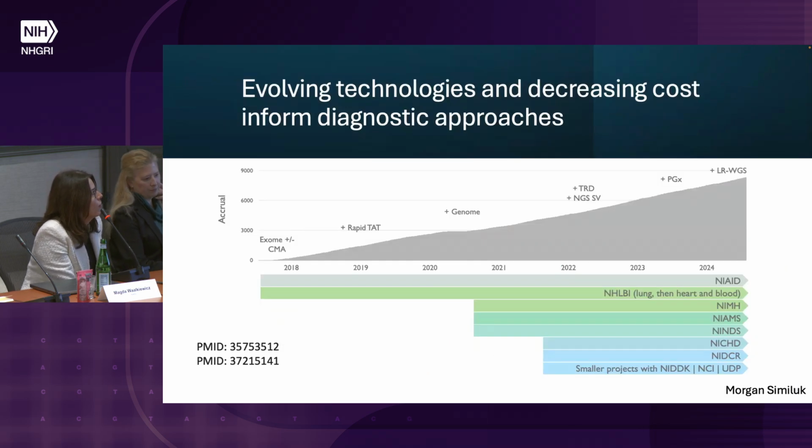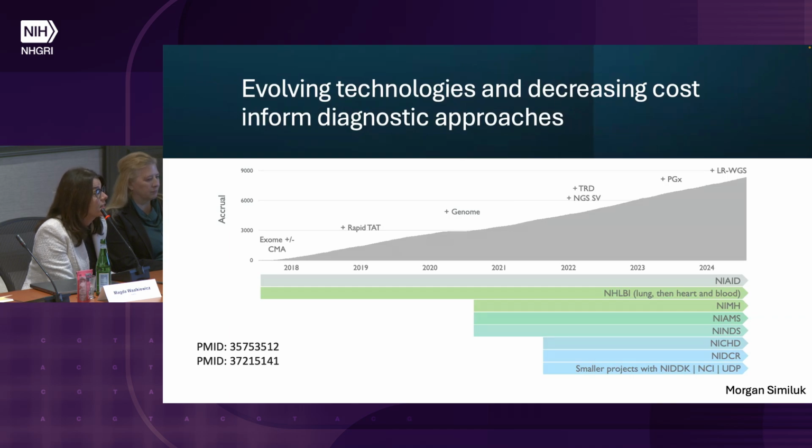There is a little bit of an overview of our history. We started in 2017, and initially, we offered exome and chromosomal microarray. We then introduced a rapid turnaround time for clinically sensitive cases. In 2020, we switched from exome to genome, and then as several algorithms for interrogating the data became available, we implemented them as well. Those allow us to look at repeat disorders as well as copy number variants.